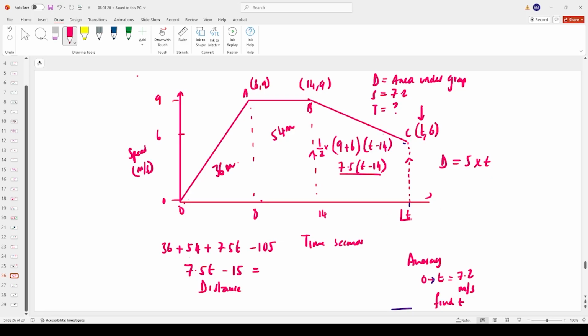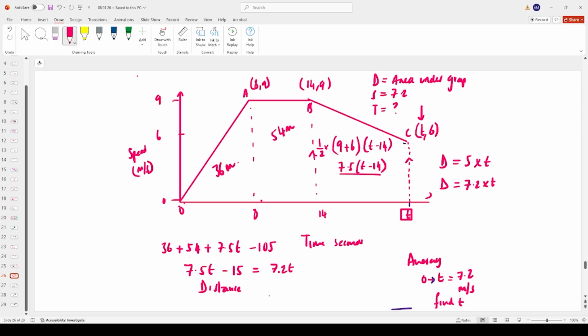If that's t, then d equals speed 7.2 times t. Yes, I think we're on the same wavelength there, Josh. 7.2 t. Now we'll just solve it to find t.